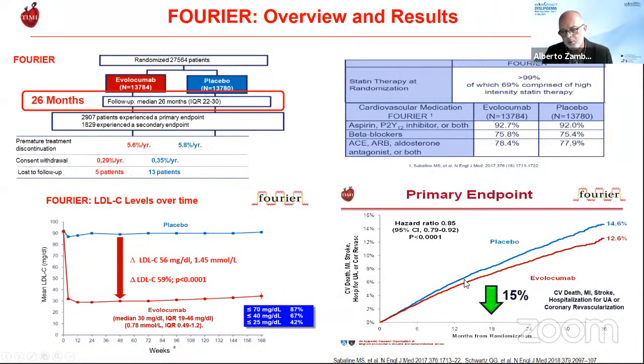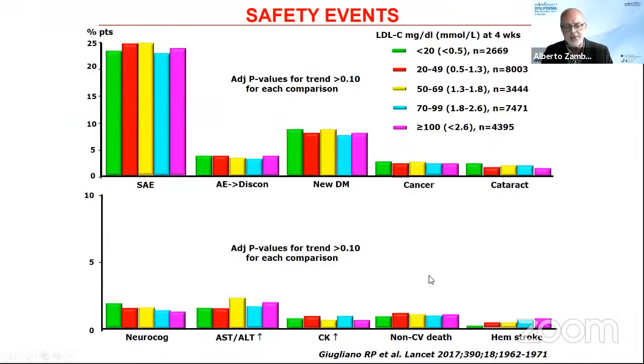Compared to the high-intensity statin background therapy, the addition of evolocumab and the achievement of such low levels of LDL cholesterol in a median time of 26 months was able to further decrease the cardiovascular events by 15%, and that was significant. Of course, you've seen the ODYSSEY OUTCOMES data with alirocumab, with similar results.